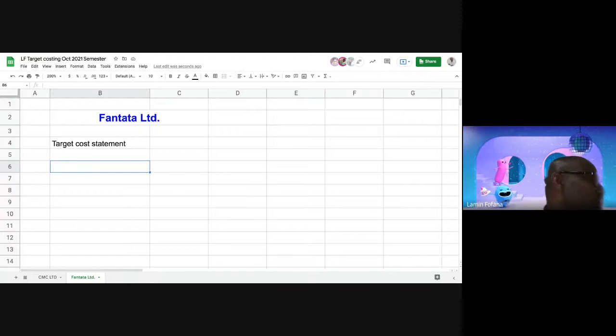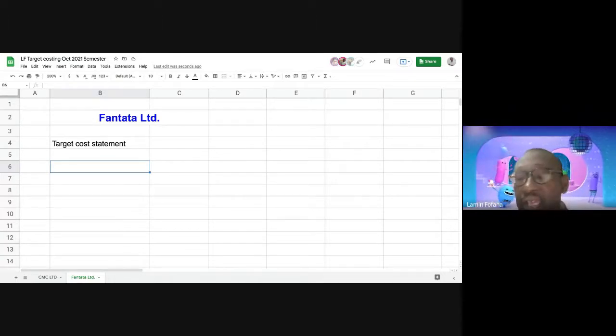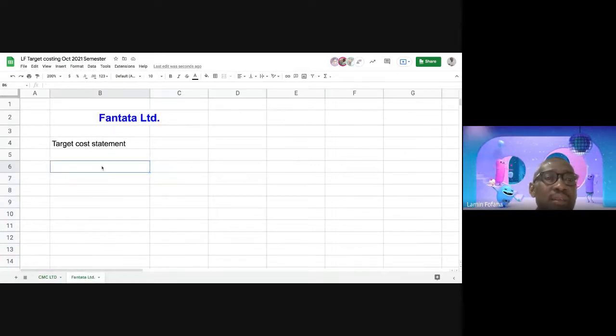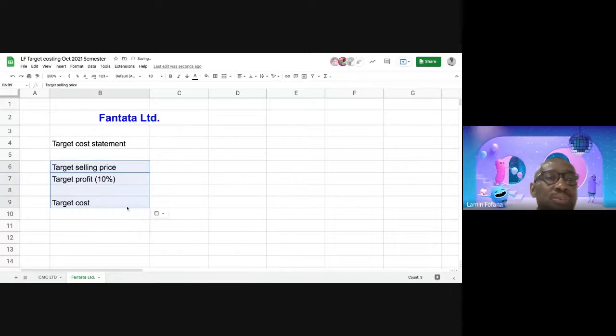The target costing statement is usually simple: the target selling price, target profit, and target cost. So we could equally copy this from here and paste here, so that we can just edit it.